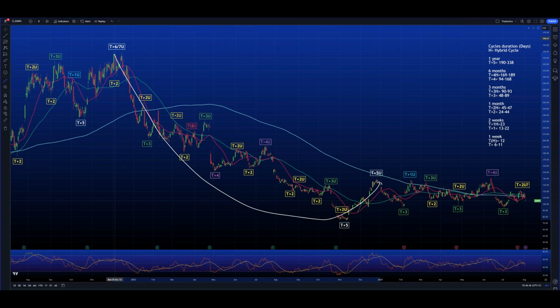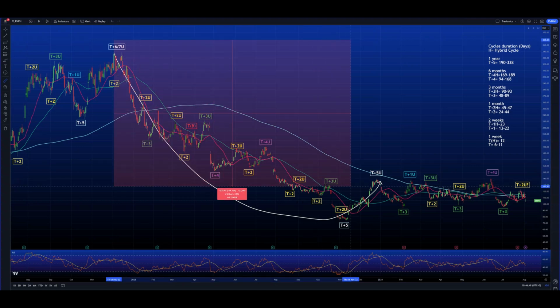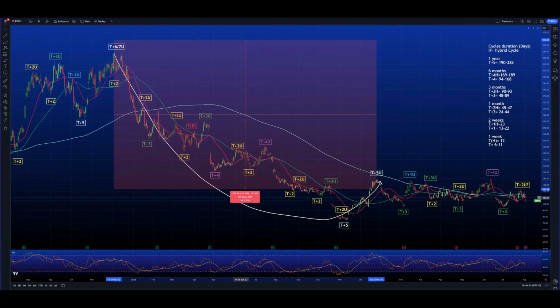So if we gauge the time that occurred in between, we have 266 days, which is almost a median duration, which is encompassed between 190 and 338 days. In this case, the upward yearly cycle has been negative because the top in which it ended was lower compared to the top from which it started.